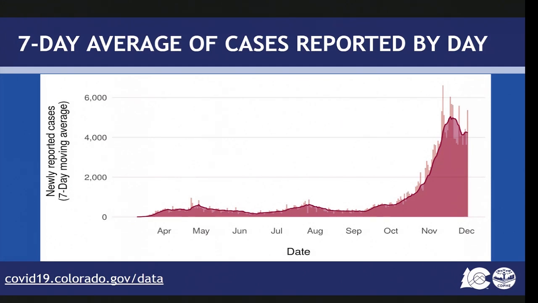We are not seeing that data yet. It's probably going to be several days until we start to see the impact of any gatherings or decreased social distancing associated with Thanksgiving. But right now, I think the takeaway is that numbers are moving around quite a bit. They're down a little bit from what they were about a week ago, but we have seen a little bit of an increase just in the last couple of days. Next slide.